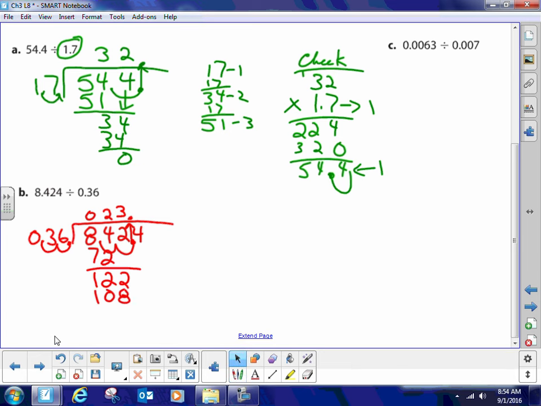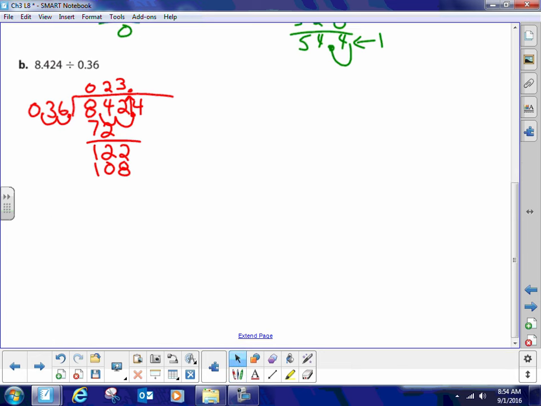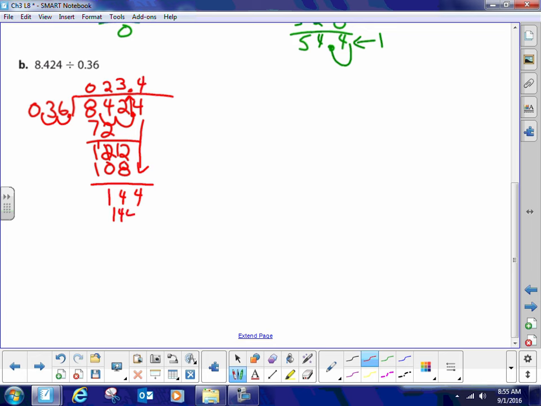Extend my page just a little bit so I don't go writing down too far. 12 from 8 is what? 4. Bring down the 4. I would say that's probably going to be 4 times, because you take 108, add 36 to it, and you're going to get 144. So that's going to be 4, 144.